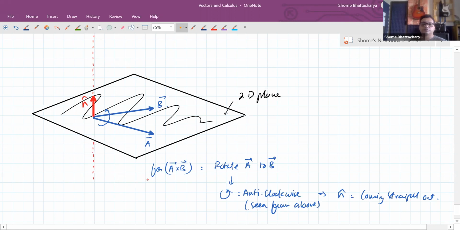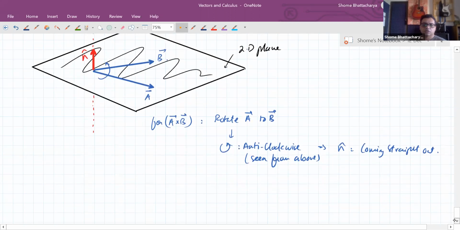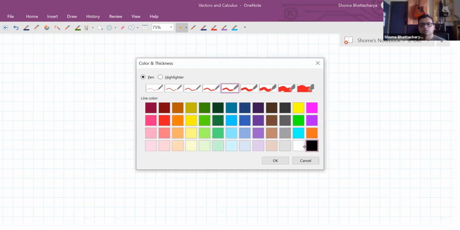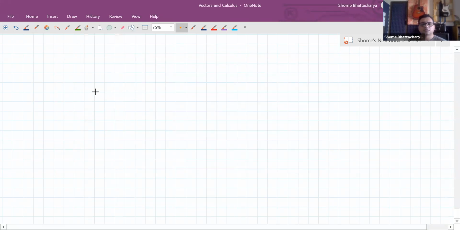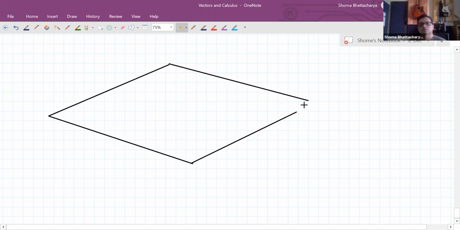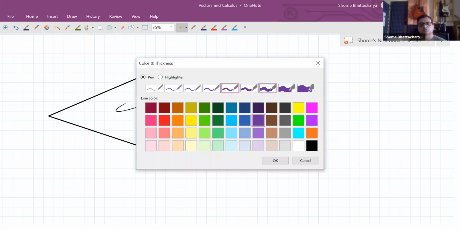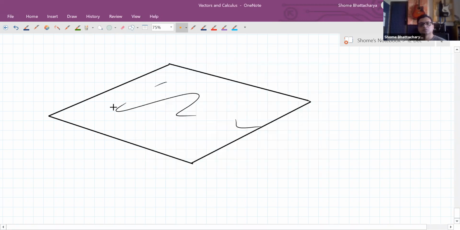So this is what we mean by this one. Whereas if, in the same situation, on the same two-dimensional plane, we had this as the vector A and this as the vector B, and we are doing the operation A cross B, we would have rotated A towards B, and this time you would have seen it's a clockwise rotation.